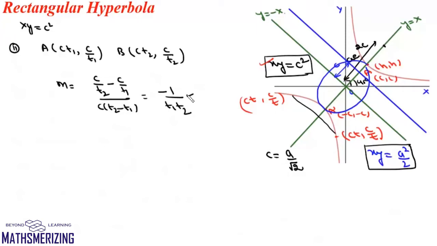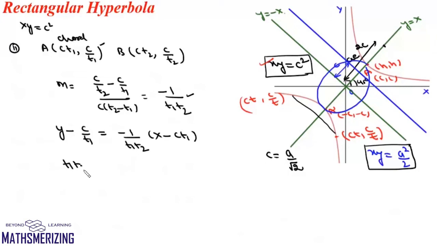Now once we have the slope and we have a point, we can write the equation of this chord. So the equation of any general chord of this rectangular hyperbola will be of the form y minus c upon t1 equals minus 1 upon t1 t2 into x minus c t1. So we'll cross multiply.